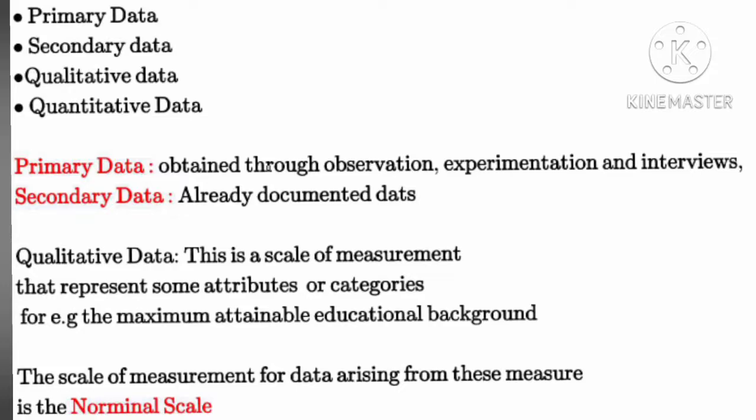When we say qualitative, it is, for example, the maximum attainable educational background, or the quality of clothes. You understand? All these are examples of qualitative data, and it is a scale of measurement that falls under the nominal scale.